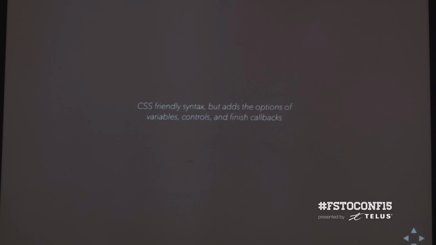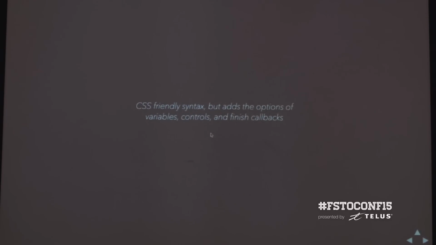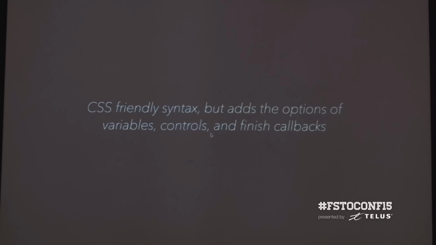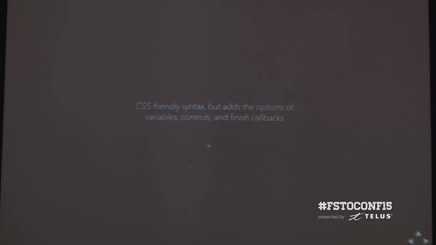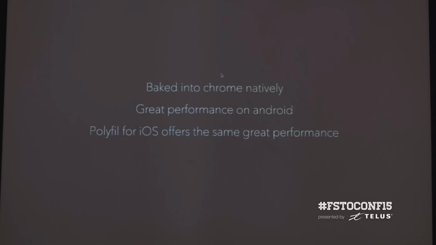Again, the general message that I got when I looked at the Web Animations API is that it's a CSS-friendly syntax, but it gives you things like callbacks. It gives you things like variables. Everything that you like about JavaScript and all the performance that you get from CSS animations. And this is, surprisingly, baked into Chrome natively. So something Chrome did right.